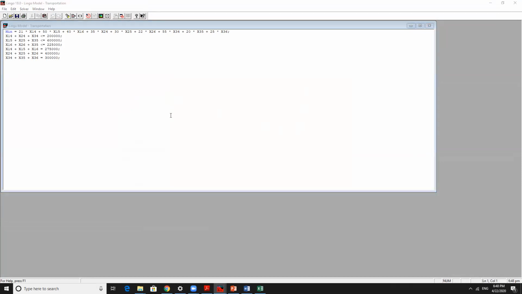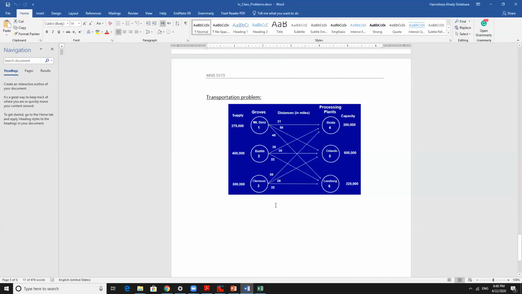Okay, let's go to the solution. First of all, we want to minimize the transportation cost, which is how much we transport, or how much we send over each arc. There are 9 arcs, and the cost of transporting on each arc is also presented here.